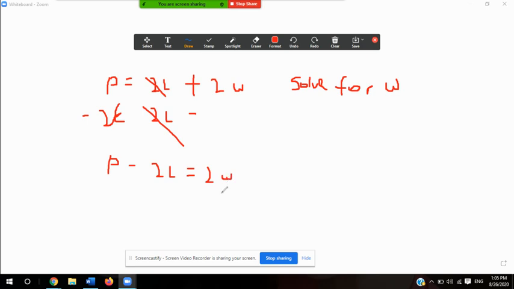But I still need to solve for W, so now I have to get rid of the 2. I can do it because 2 is being multiplied by W, and because there's an equal sign between the two sides. Had there been a plus sign or a minus sign, I couldn't do this, and a lot of students make this mistake. You can only divide when there's an equal sign and the term is a multiplication. So I divide by 2 on both sides, and everything here is divided by 2.